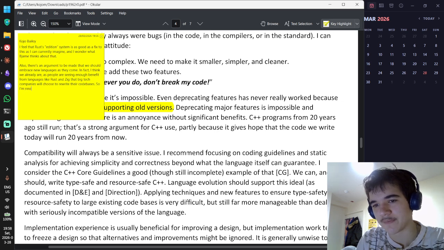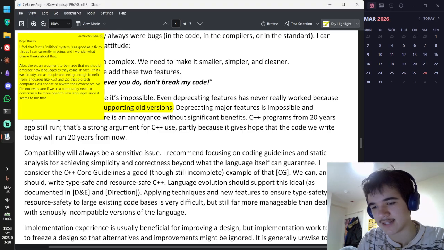So I'm not even sure we as a community need to consciously be more open to new languages, since it seems to me that people will naturally jump ship once the ship is sunk enough and the other ship is enough of an improvement.